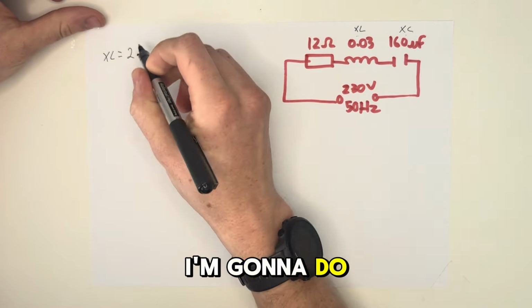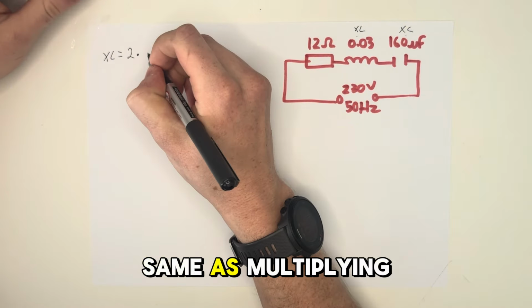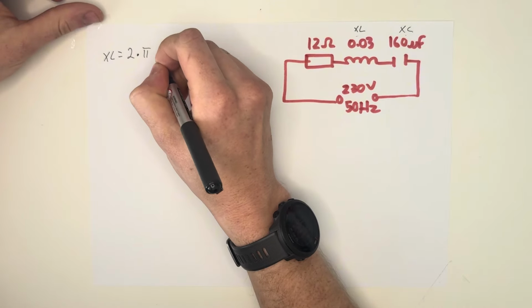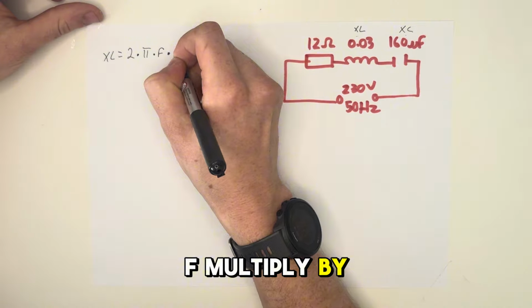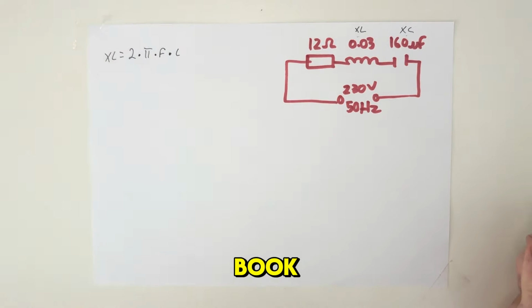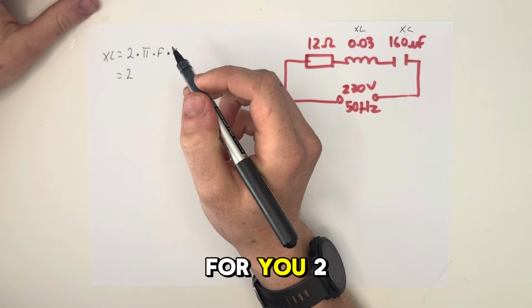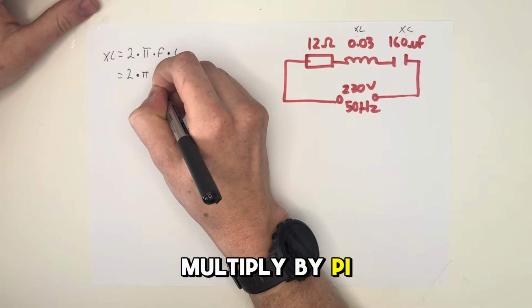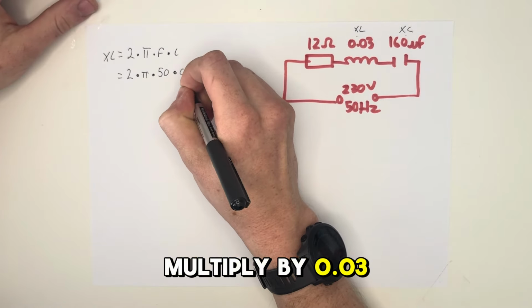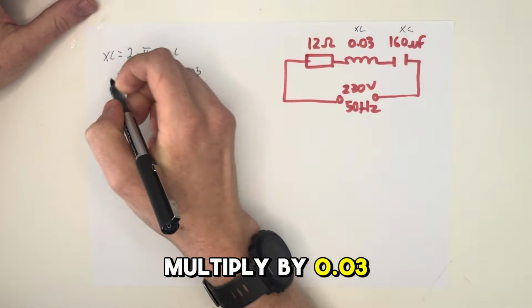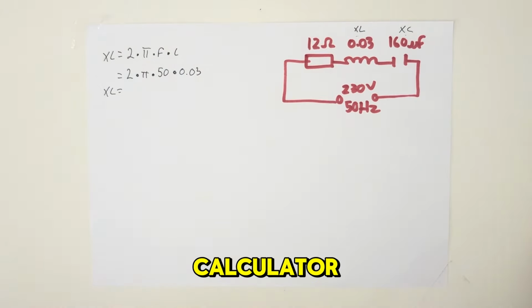So we'll start off, we should all know the formula. 2, I'm going to do dots because they're the exact same as multiplying, pi multiplied by F multiplied by L. Now, if you have the formula book, it's all there for you. 2 multiplied by pi multiplied by 50 multiplied by 0.03, XL on the calculator.